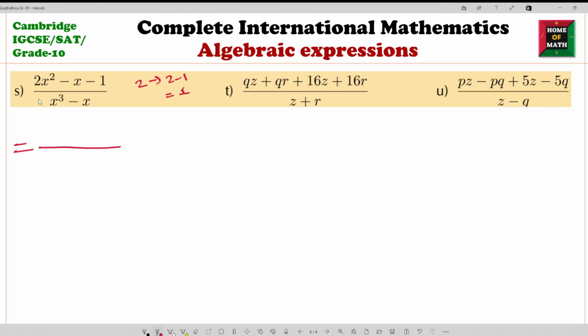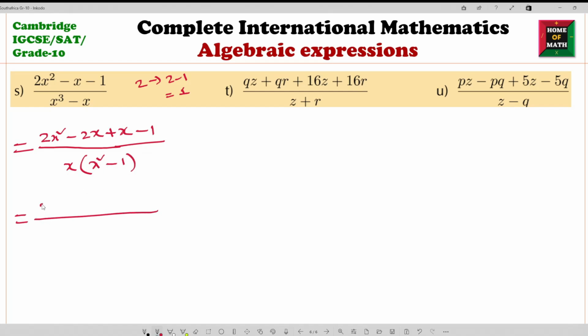Why are we writing this? Look, 2x square minus 2x plus x. Minus 2x plus x means minus x, and here minus 1. And here is x cube minus x, we can take common x, so x square minus 1.